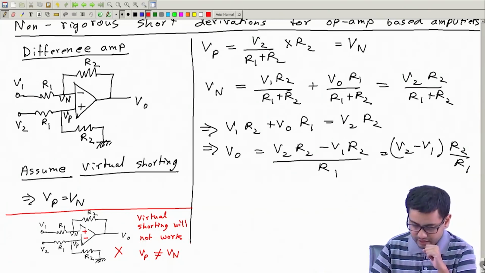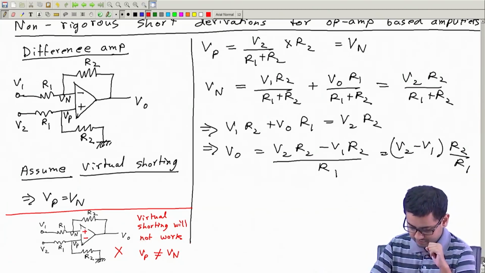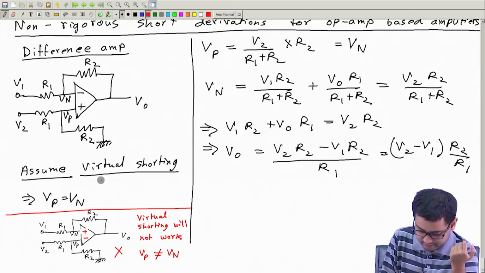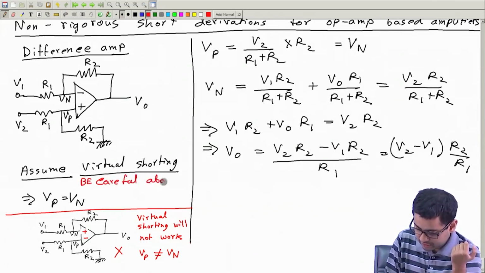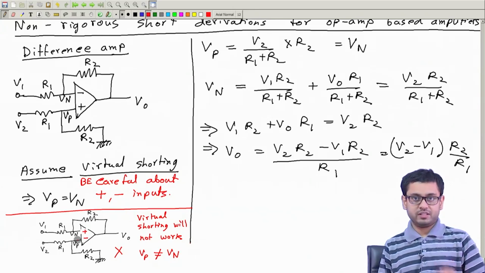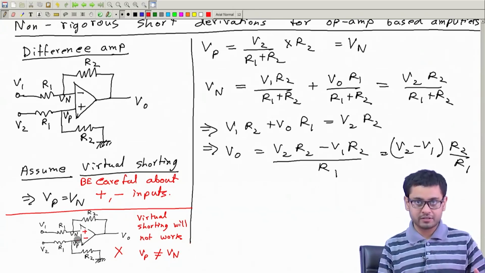Now let me also write a comment. Be careful about plus minus inputs. If you do it wrong, the circuit will not work.